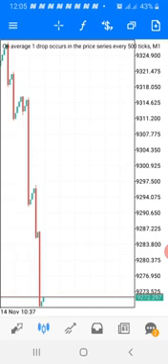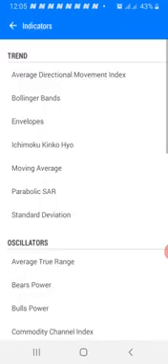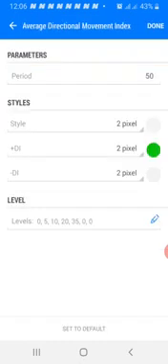Then what you need to do is click on the indicator tab. The first indicator we'll be adding is the Average Directional Movement Index. The period is 50, the style is 2 pixel.